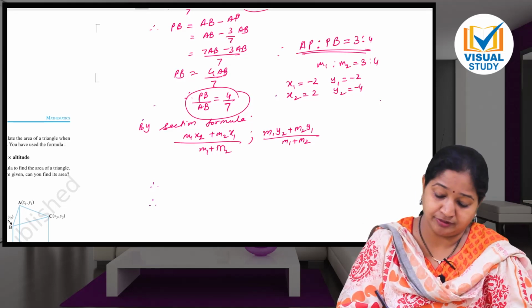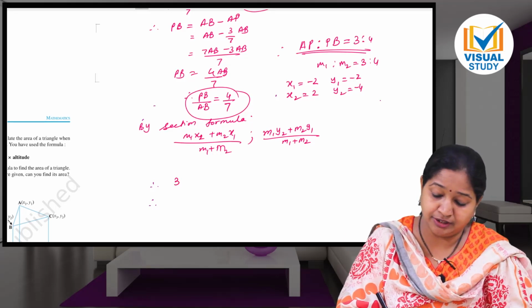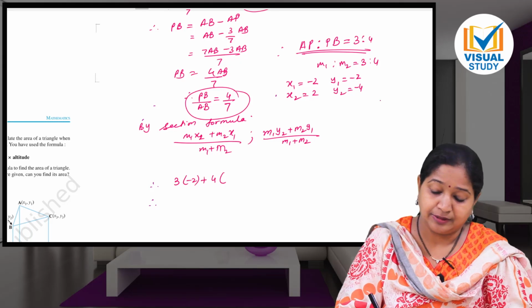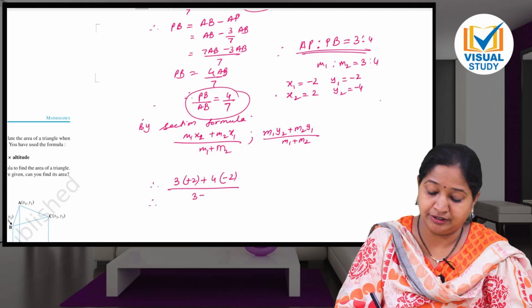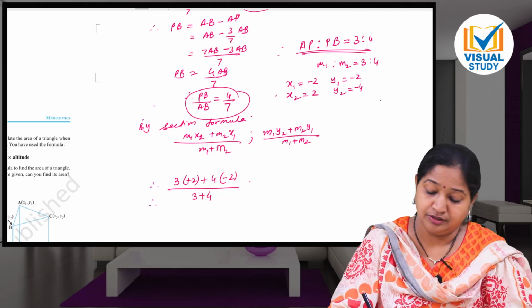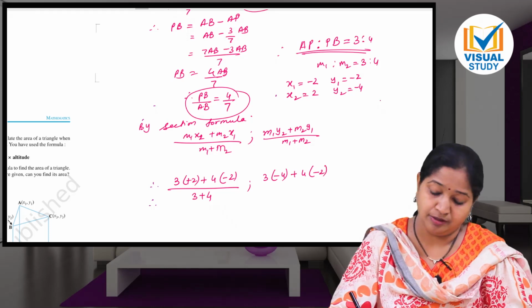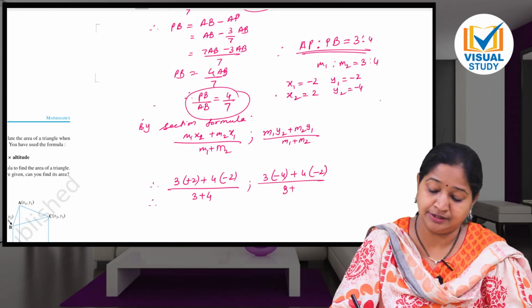Your m1 is 3, x2 is 2: 3 into 2 plus 4 into minus 2, upon 3 plus 4. Again, 3 into minus 4 plus 4 into minus 2, upon 3 plus 4.